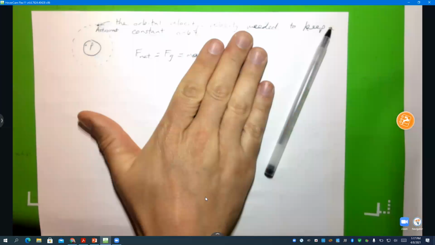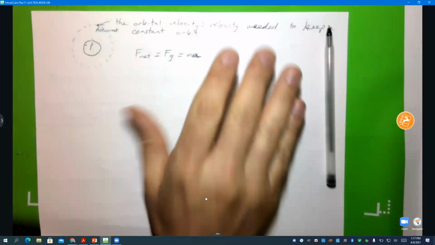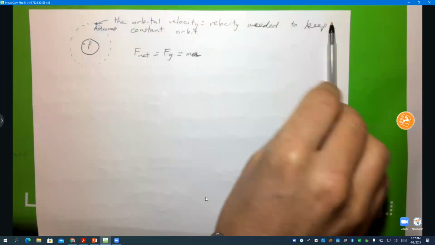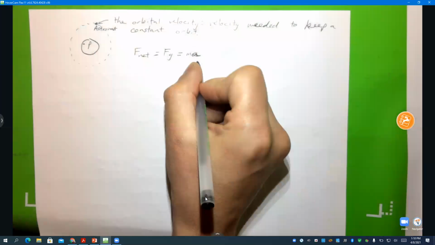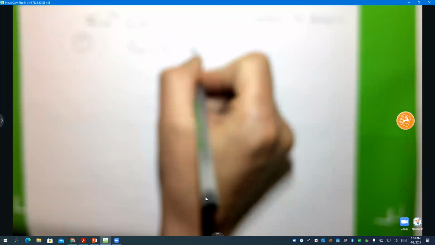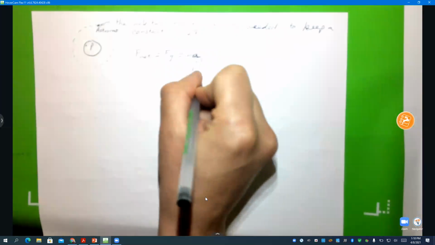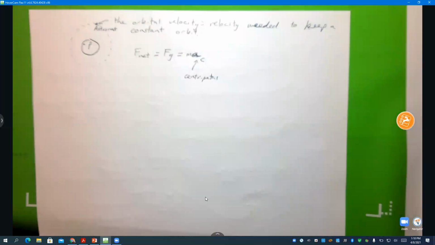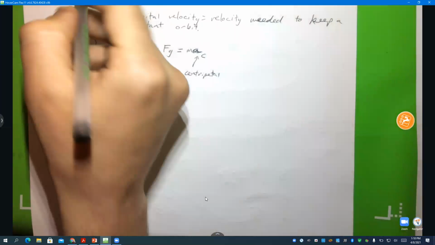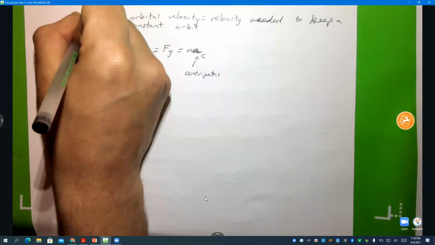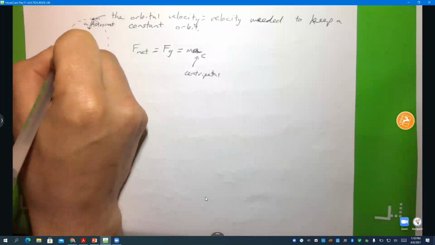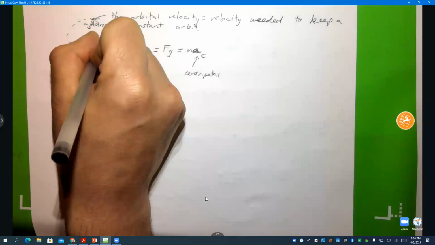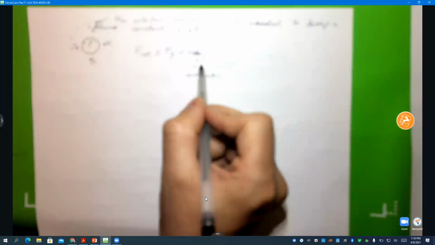Now, it has an acceleration, but this acceleration is centripetal, because all along here the acceleration is always towards the center, right? Because the force of gravity is always towards the center. So because of that, it's a centripetal acceleration.